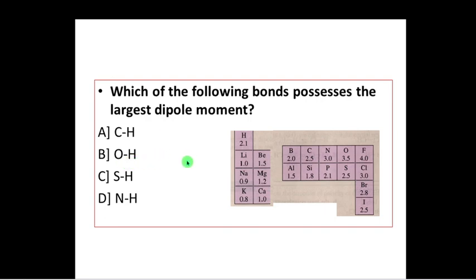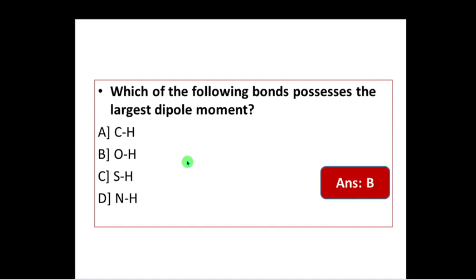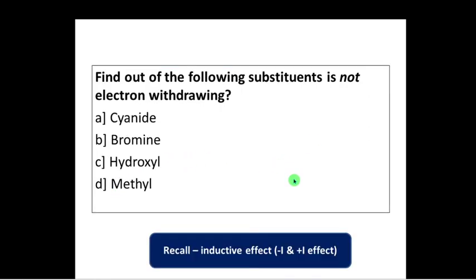So option B is the correct one. Due to Pauling's electronegativity table, the electronegativity of oxygen is more pronounced than the others, so option B is correct.